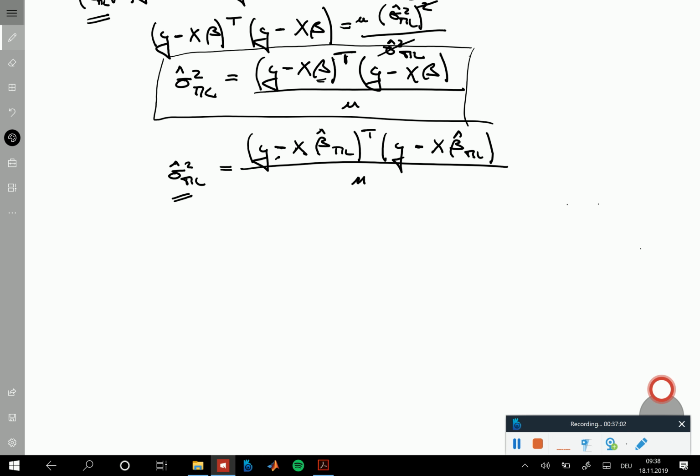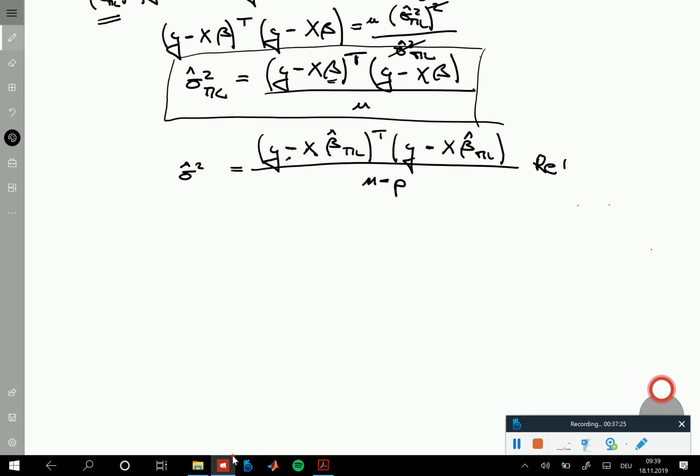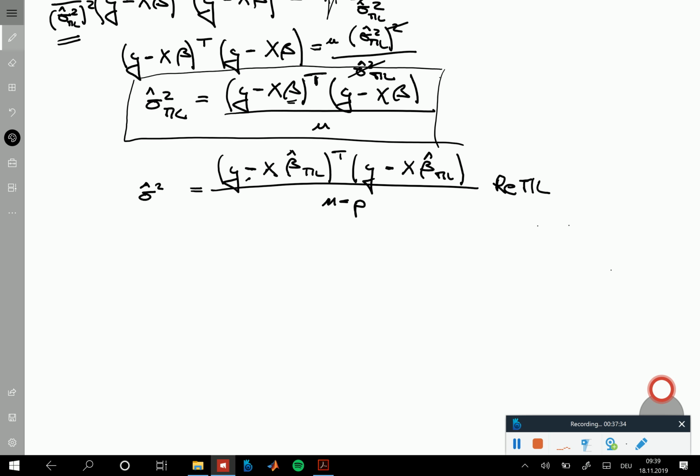In real life, what is actually used is the restricted maximum likelihood estimator. You subtract from n the number of parameters, and that's then the REML estimator. The REML estimator, the restricted maximum likelihood estimator, with this n minus p, follows from the idea of restricted maximum likelihood, and we will also discuss that.